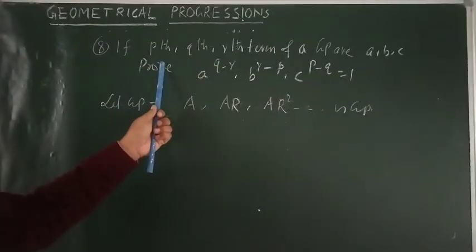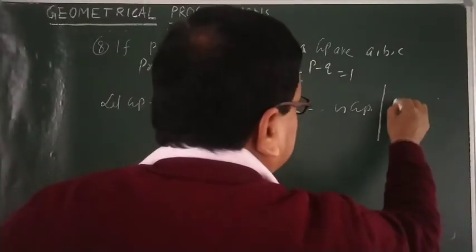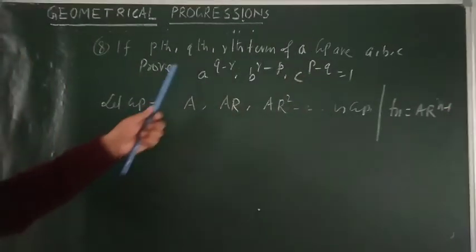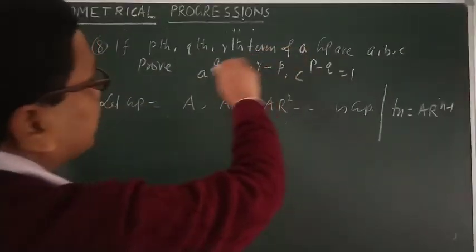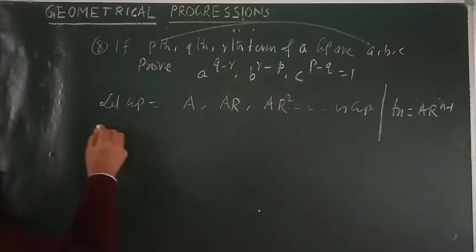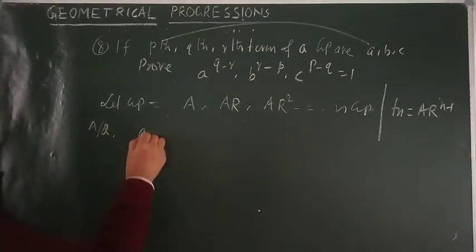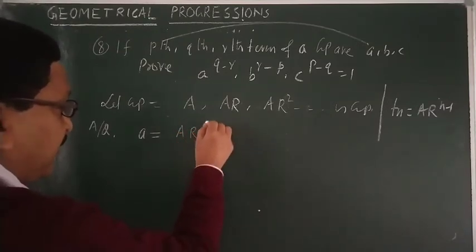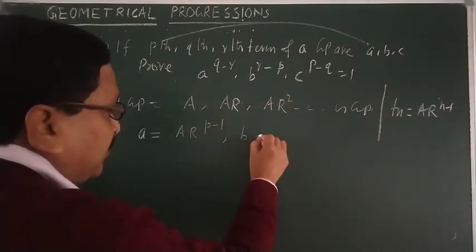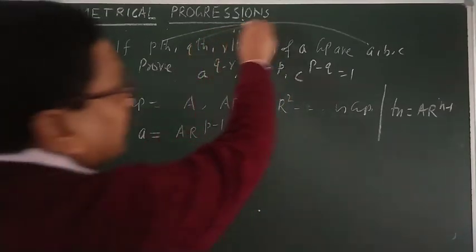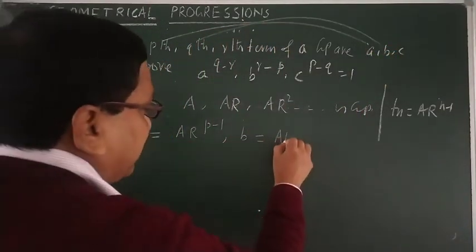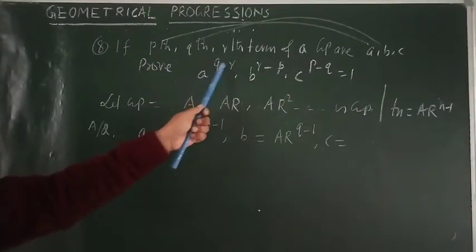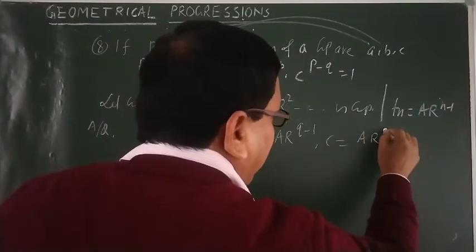Now according to the question, we know that Tn is AR^(n-1). So the pth term is a. So a is equal to the pth term, AR^(p-1). b is equal to the qth term, AR^(q-1), and c is equal to the rth term, AR^(r-1).